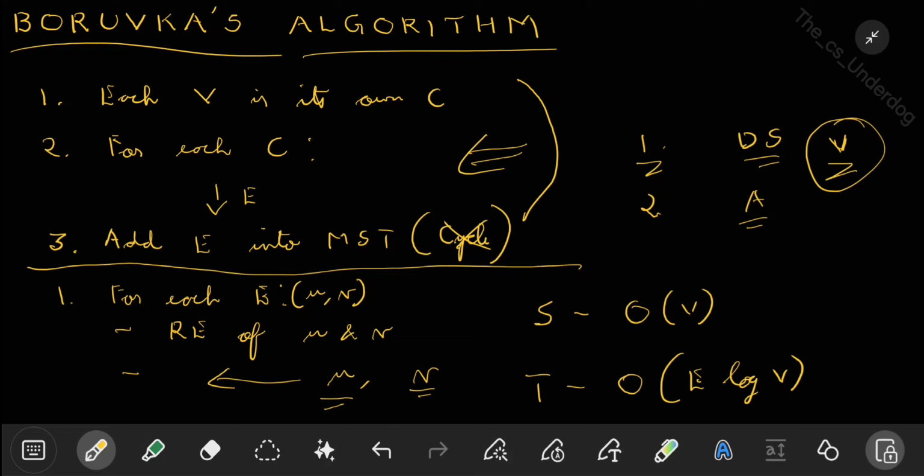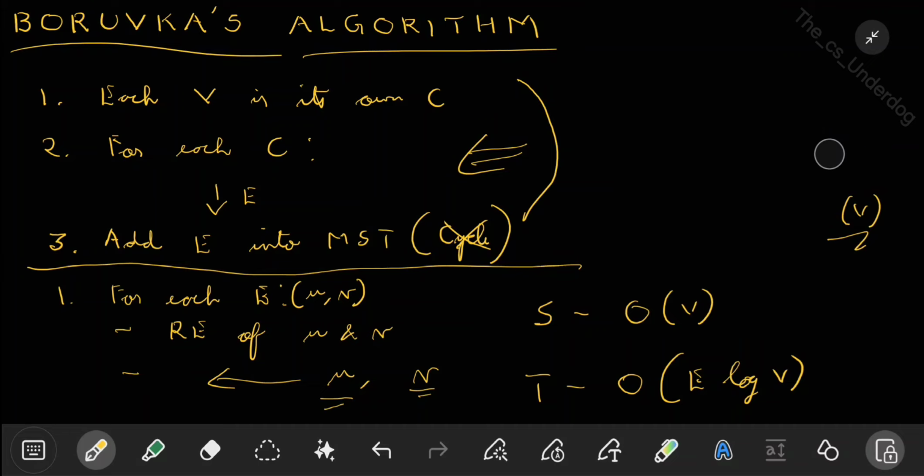For that, you will again have order of V space, which is the same as this. So the total space used by Boruvka's algorithm is order of V. According to the analysis we have done, we can conclude that the time complexity is order of E log V and the space complexity is order of V.